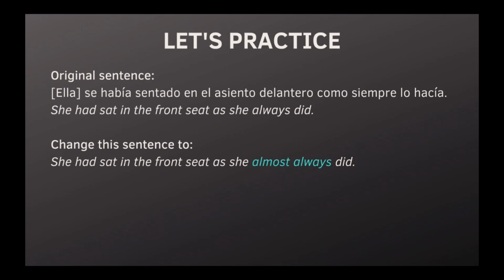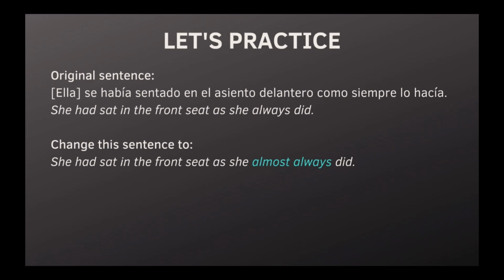Let's practice with a different sentence. Now, here, putting ella and specifically specifying that it's she is optional. I've put it here just to make it a little easier for you, but our original sentence in the story didn't have the word ella because we had already established that we were talking about the little girl. Let me just read the sentence for you again.